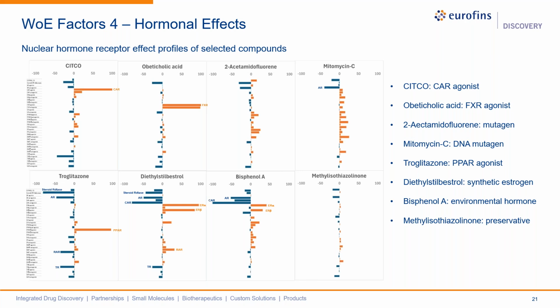Bisphenol A, a compound of significant environmental concern and a well-known environmental hormone, shows a diverse binding profile with estrogen and androgen receptor activity, supporting concern about its endocrine disruption potential. And some cosmetic preservatives like methylisothiazolinone do not modulate these receptors.